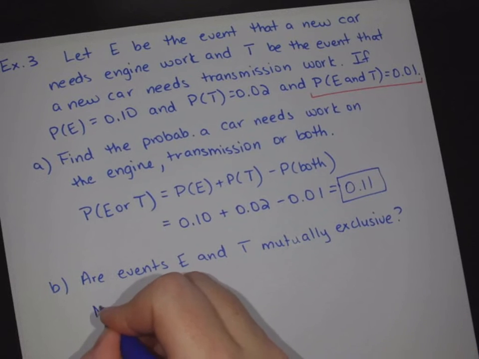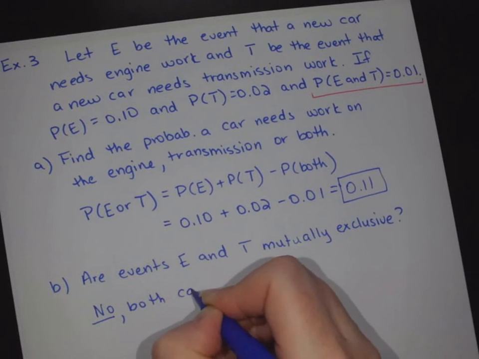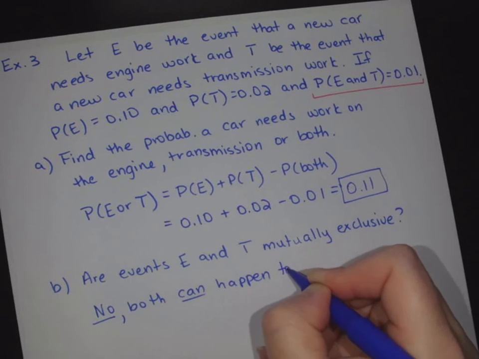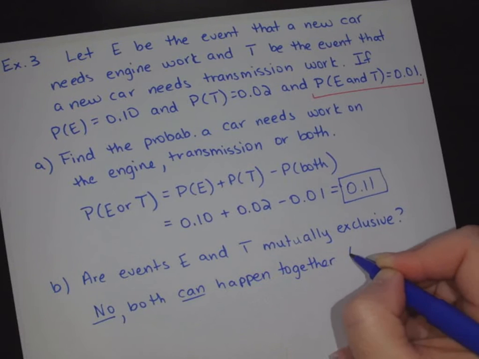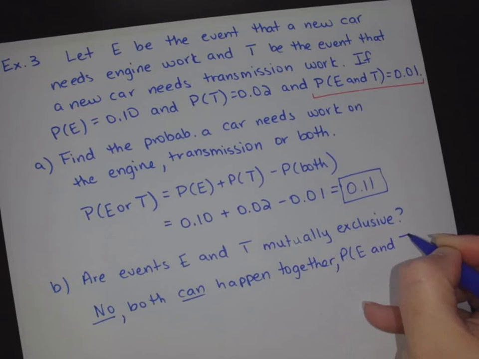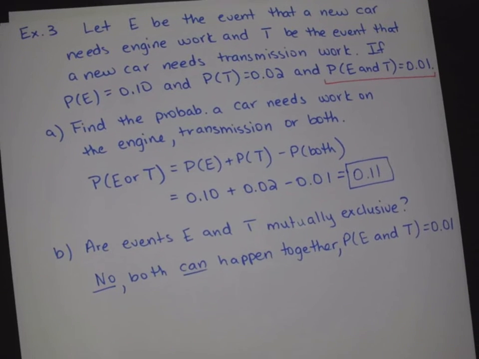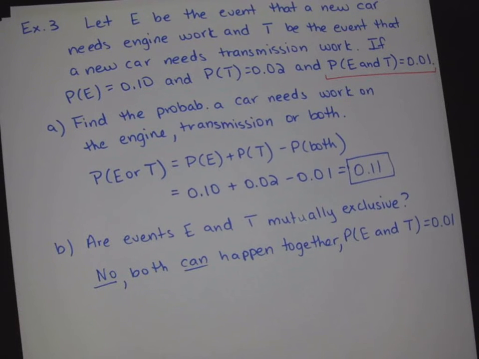So they are not mutually exclusive since both can happen together. We know that because the probability of E and T was 0.01. The only way you could say yes, they're mutually exclusive would have been if the probability of them both occurring had been 0.